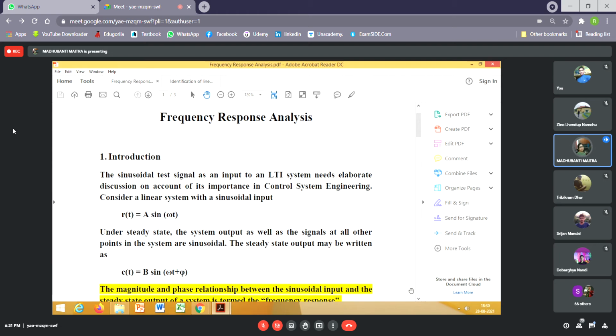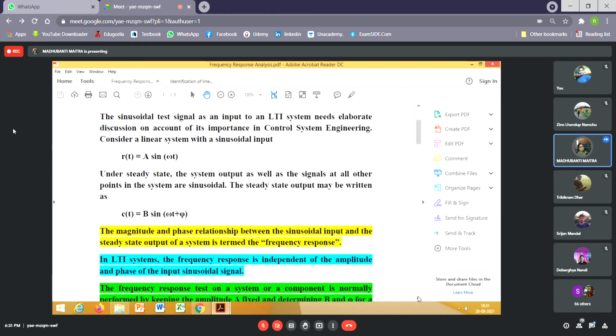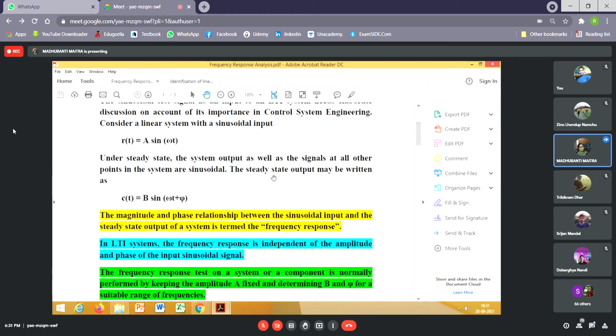Now, if a linear system is excited by a sinusoid, then the signals at all other points in the system will be sinusoidal.